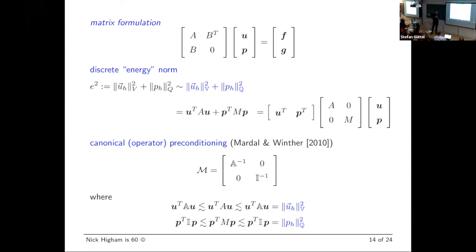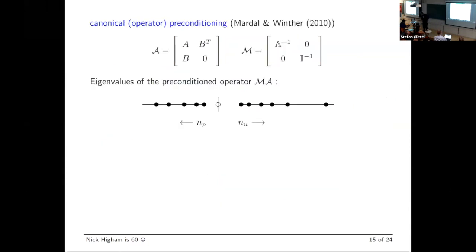It's related to the continuous problem. So what you want is a preconditioner that works at the continuous level, and that involves mapping onto the dual space and back again. If this is my operator, which is essentially taking me to the dual space, the inverse mapping is the inverse of this matrix, but we're allowed to cheat and have something which is spectrally equivalent to that. That tells us how to do preconditioning.